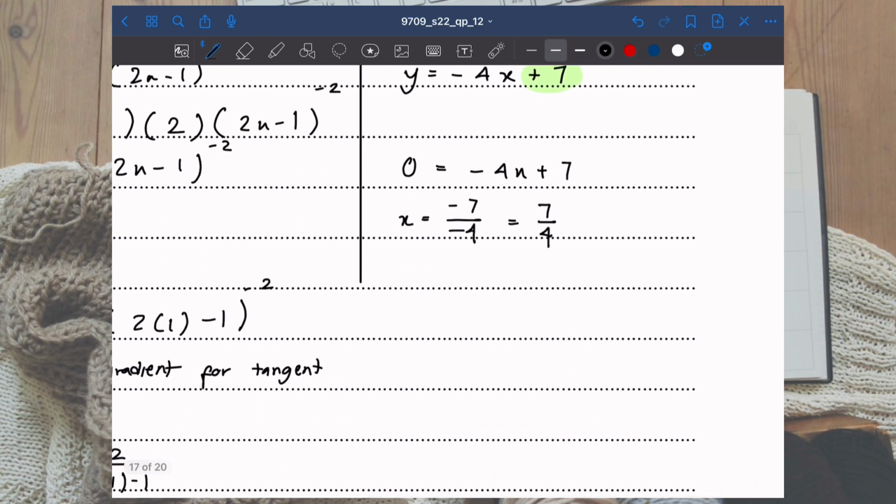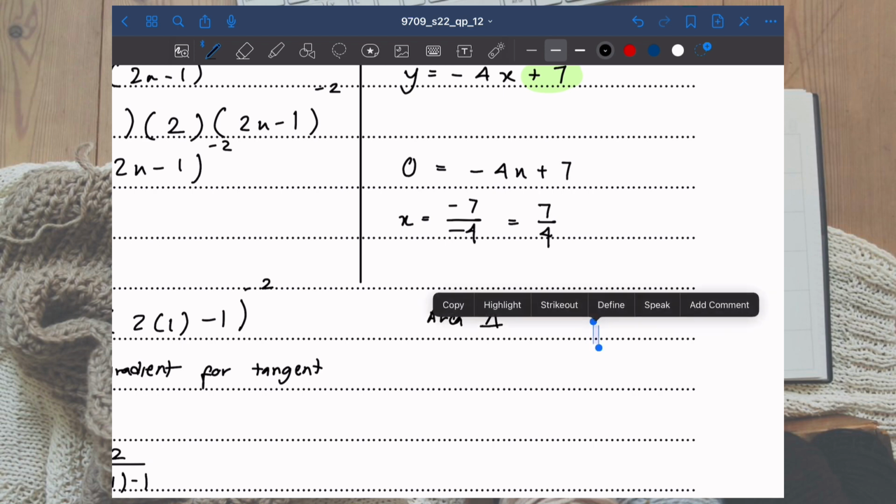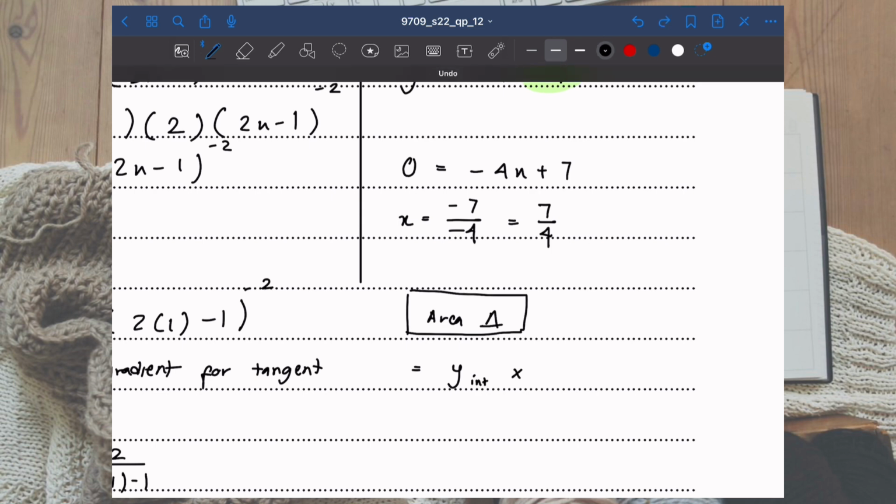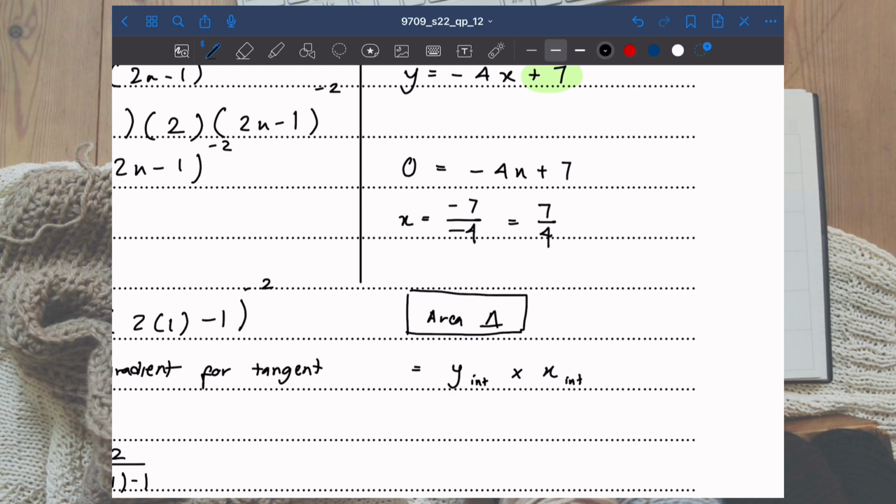So the area of the triangle will be our y-intercept times our x-intercept times 1 over 2.